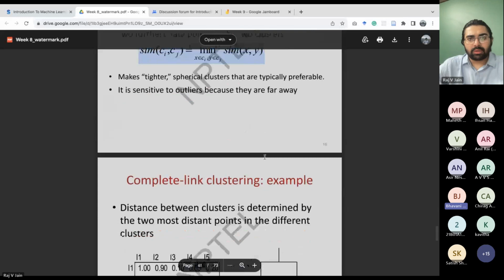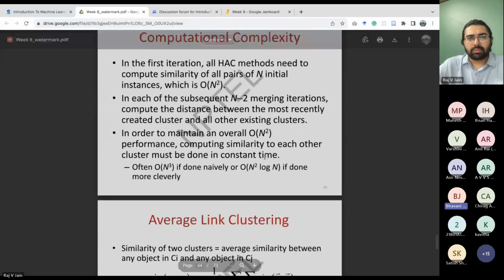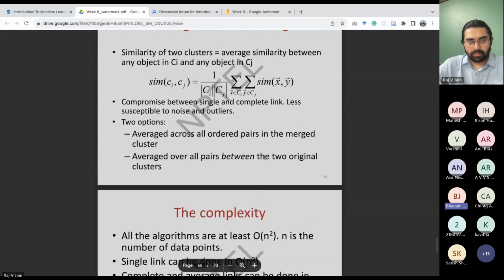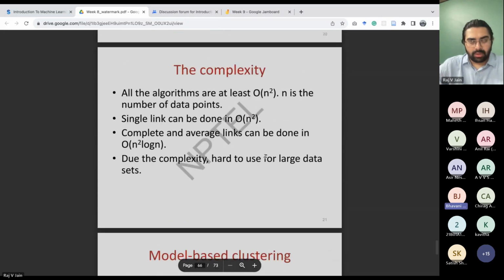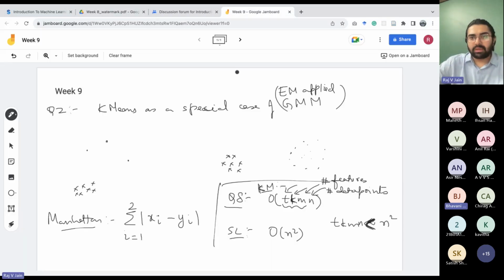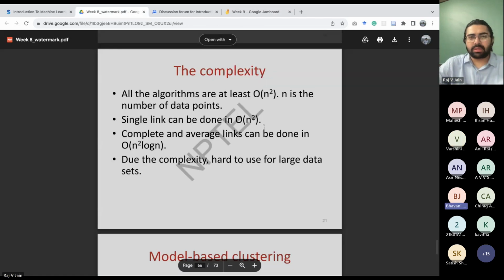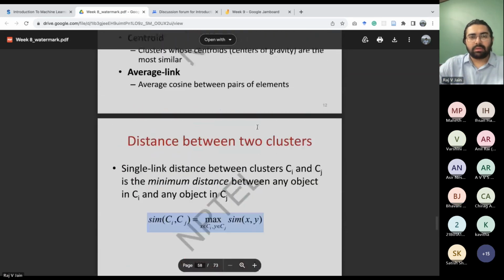You find the distance between each object and every other object, which is why it is expensive. Yes, n is the number of data points. So here you're saying m is the number of data points. Yes, m is the number of data points. Okay.